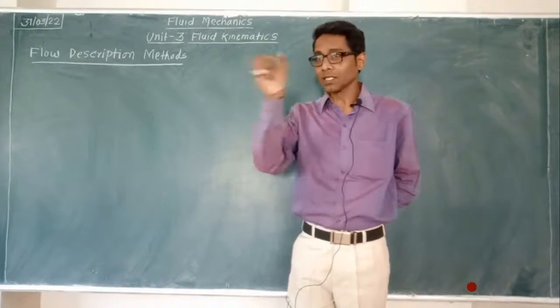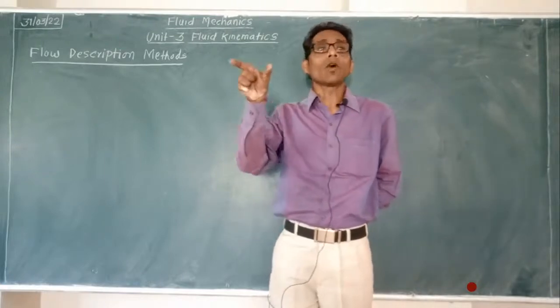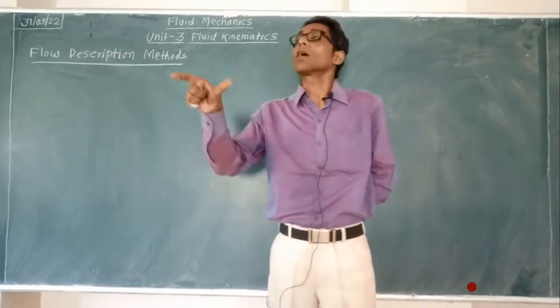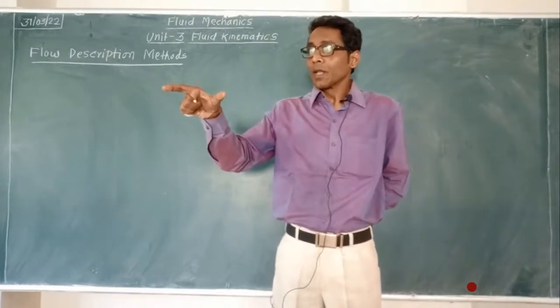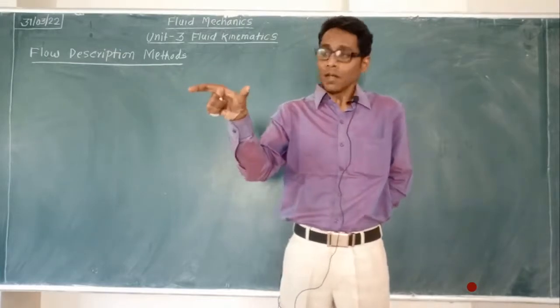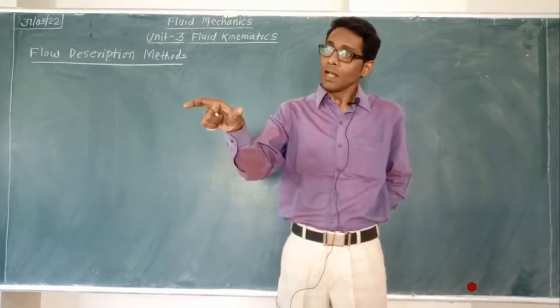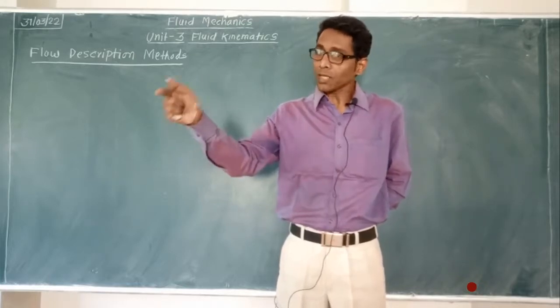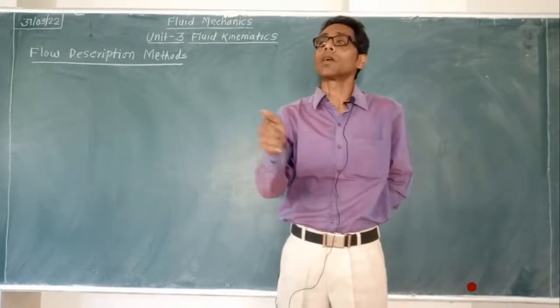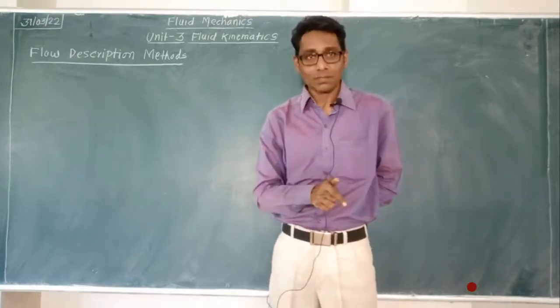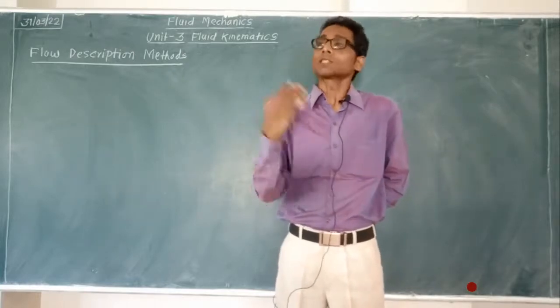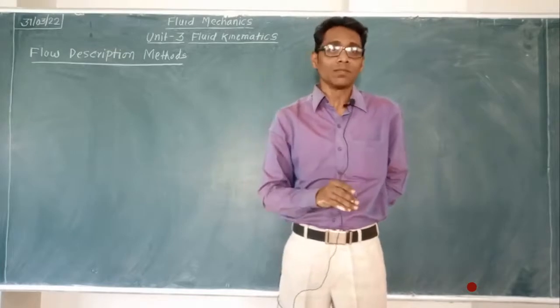Meter means distance, so it gives two locations. Between two locations, what is the distance? That is the dimension in meter. And to travel from one location to another, time is required.